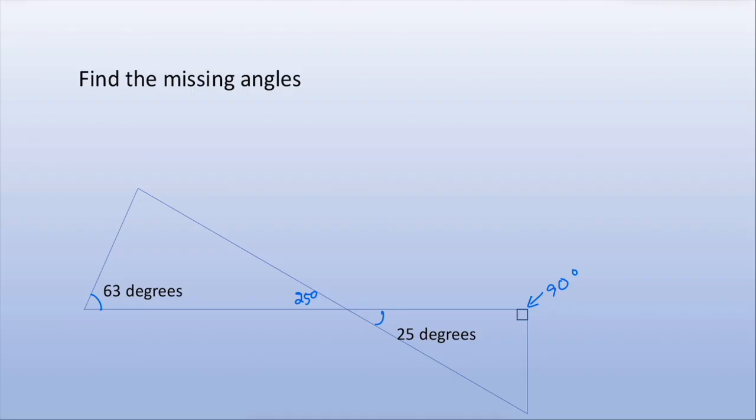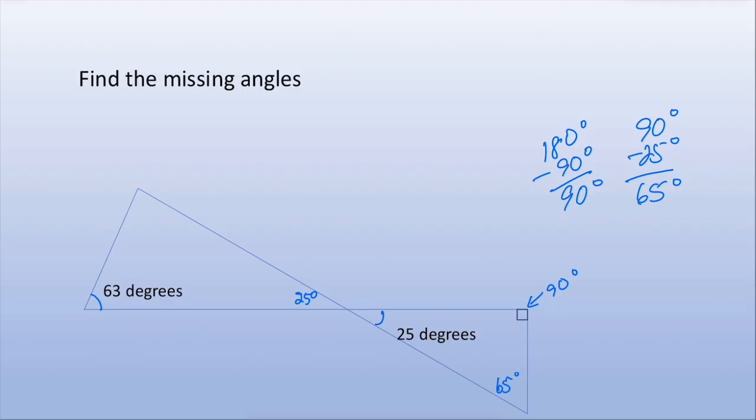Triangles always add up to 180 degrees. So we know if we take off that 90 degrees, the other two angles are always going to be complementary, 90-degree total. These two have to add up to 90 so that our total is 180. So 90 minus 25 is 65. So this one right here has to be 65.